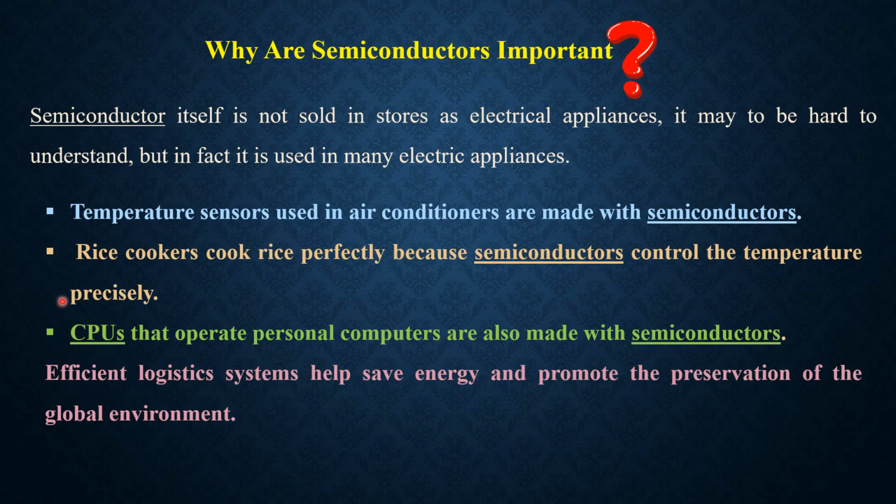Rice cookers cook rice perfectly because semiconductors control the temperature precisely. CPUs, which operate personal computers, are also made with semiconductors. And efficient logistic systems, which help save energy and promote the preservation of the global environment, are also based on semiconductors.